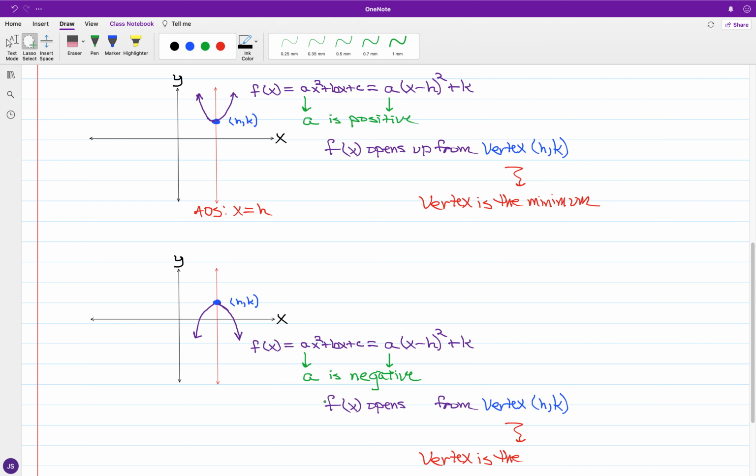And with a being a negative value, f of x is going to open downward from the vertex. Notice that before, the vertex was the location of the minimum. But now, with the graph opening downward, the vertex point is at the top, so the vertex is going to be the maximum.